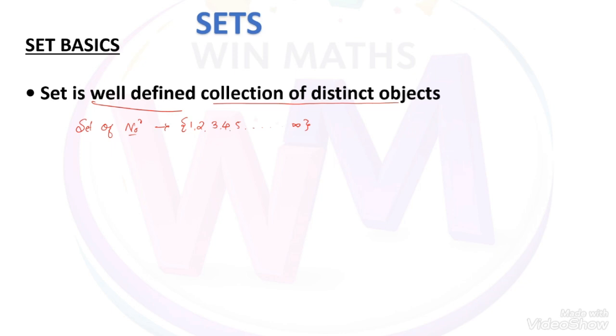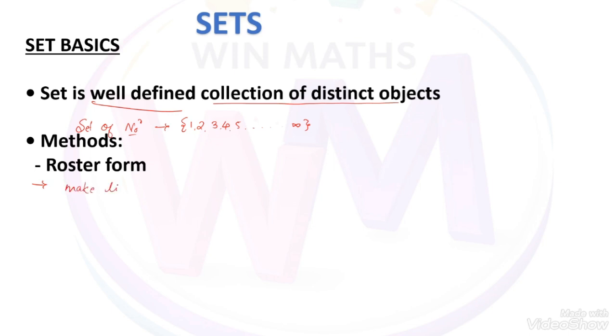Next, the second one, methods. There are basically two methods for representing sets. One is roster form. Simply remember roster: that means make a list.